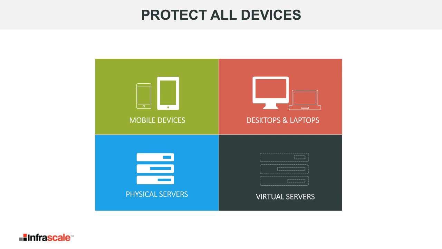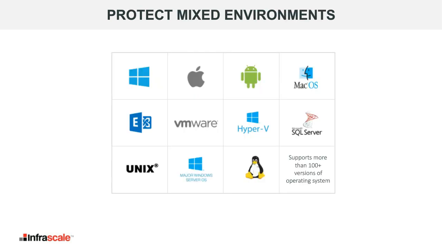This also includes both physical and virtual servers. So we support physical servers running Windows, Unix, and Linux, and virtual servers on VMware, Hyper-V, and KVM. And we support more than 100 versions of operating systems. So that is really the broadest support footprint that you'll be able to find in the industry today.